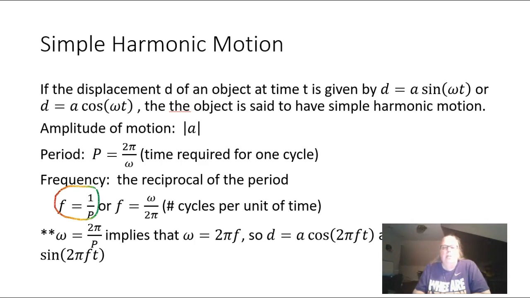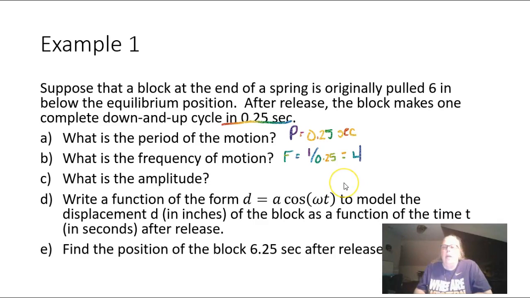It says cycles per unit of time, and our units are going to be in hertz. This example is in the textbook in section 6.4, on page 668.